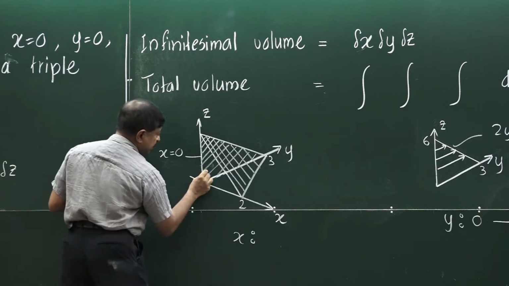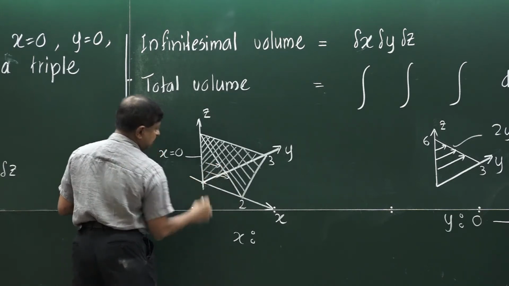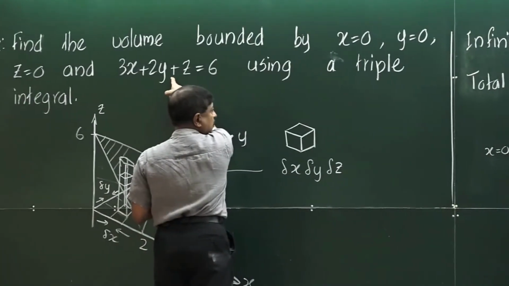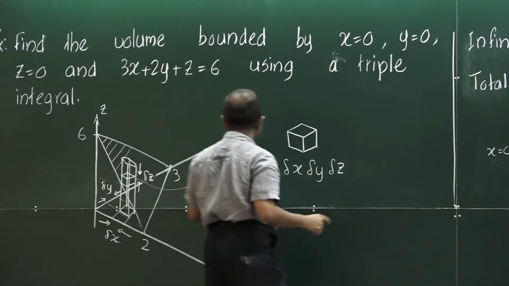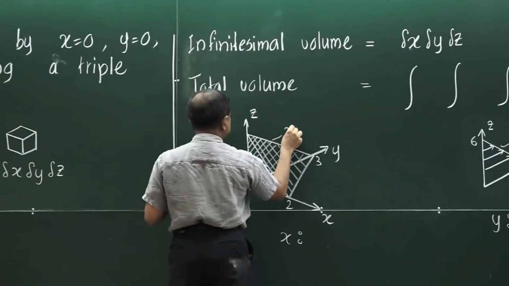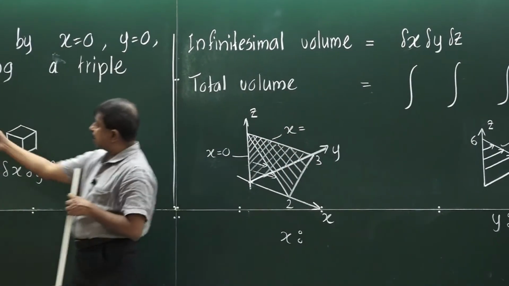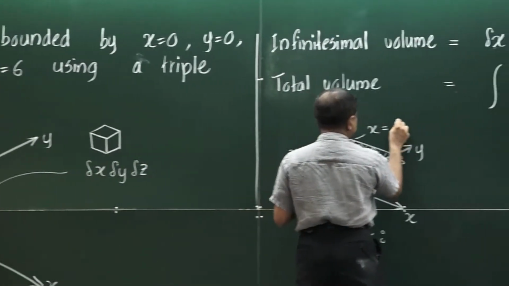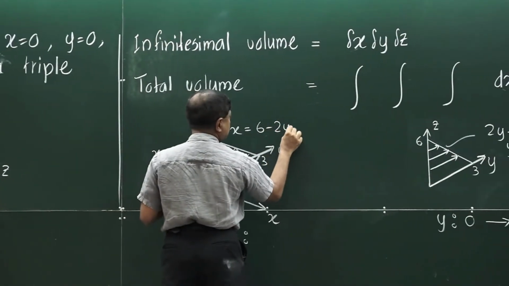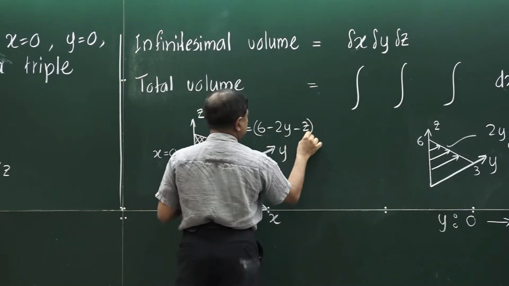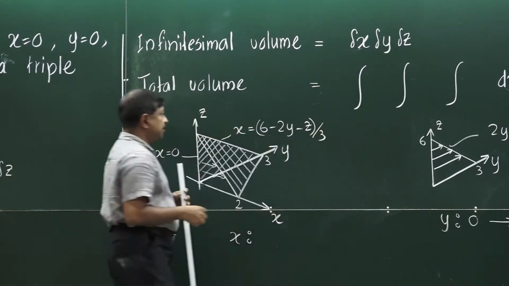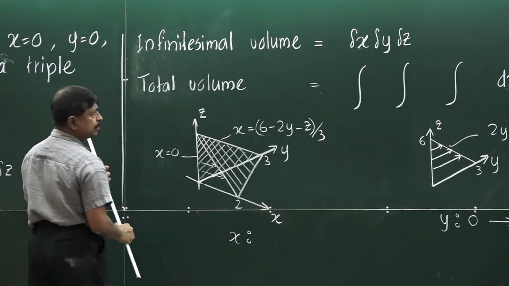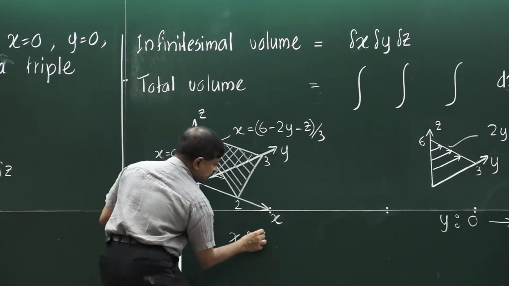That plane is this one, but if you make x the subject, x is equal to, you bring the other two variables to the right hand side, 6 minus 2y minus z divided by 3. So, x varies from 0 to this one.